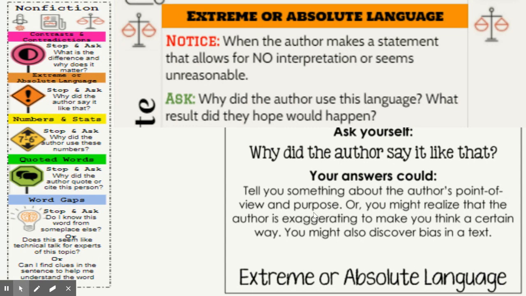So you're going to look for when the author makes a statement that allows for absolutely no interpretation or seems to be somewhat unreasonable. When we say seems unreasonable, those are when we're reading nonfiction texts that relate more to things like arguments or persuasive writing, or even in the case of sometimes political use or propaganda even.